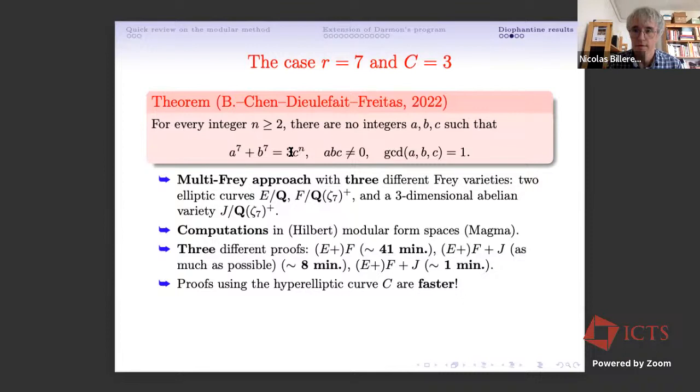Hi, Nicolas, it's Davide. I had a very similar question to Samuel's. I wanted to ask if you have any conceptual explanation for the fact that you start from something of signature RRP and you end up working with representations of different signatures.